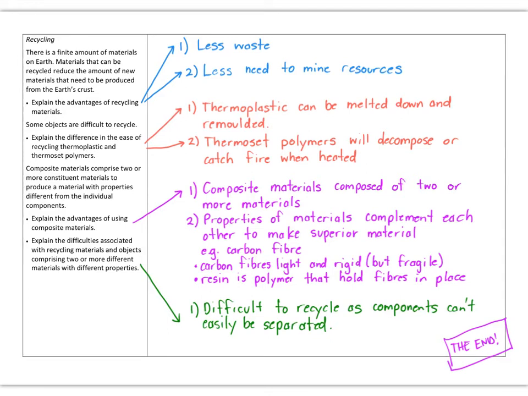Finally, explain the difficulties associated with recycling materials and objects comprising two or more different materials with different properties. So here we are talking about what's the problem with recycling our composite materials, and that is it's difficult to recycle as the components can't be easily separated.